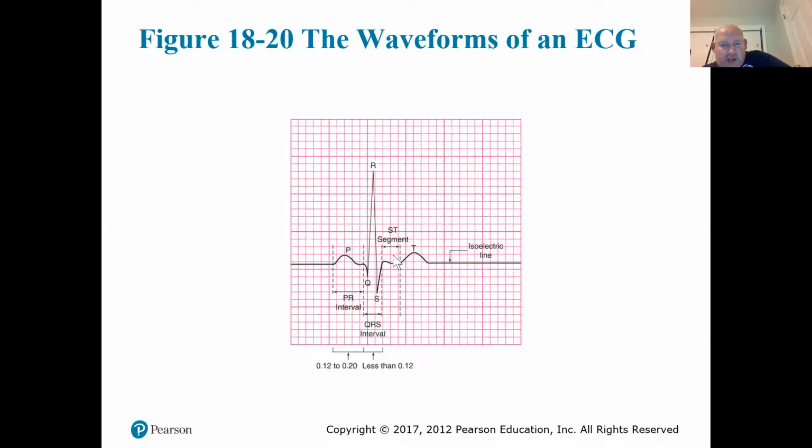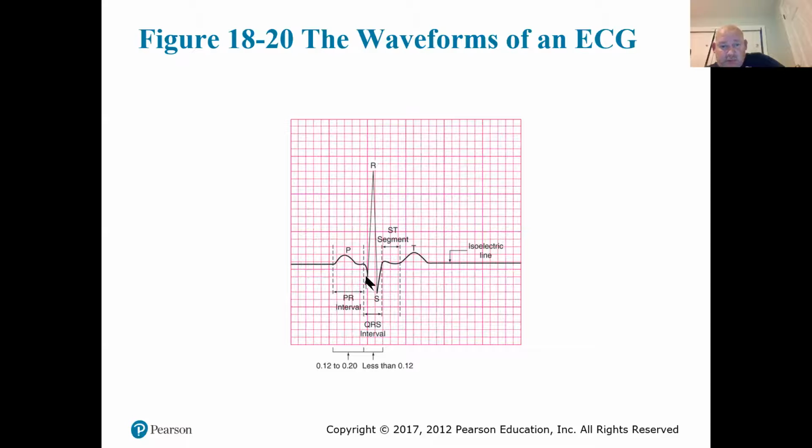So for a normal rhythm, if we're looking at a sinus rhythm, the P wave has to be upright and rounded like it is here. So it'll take that shape of rounded and upright. The QRS complex has a time duration.